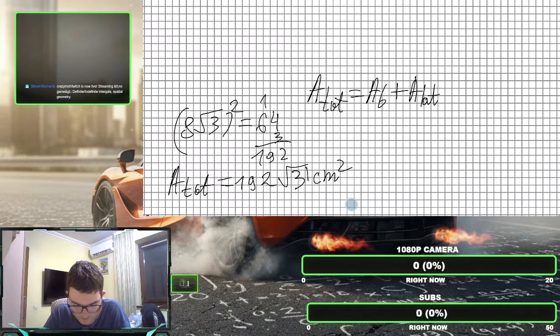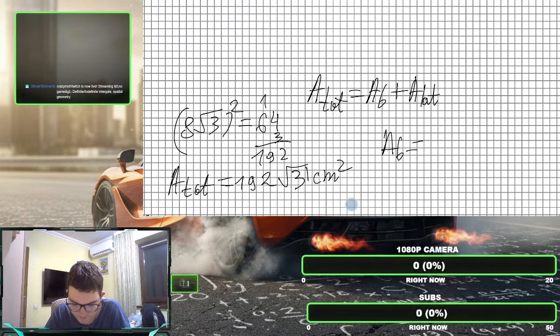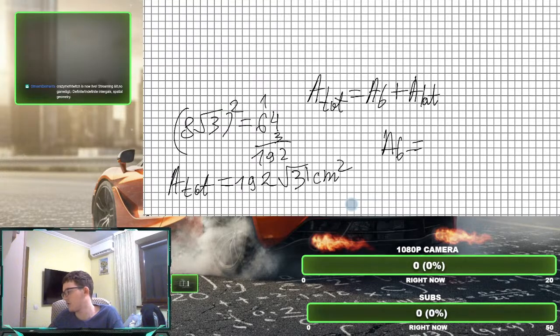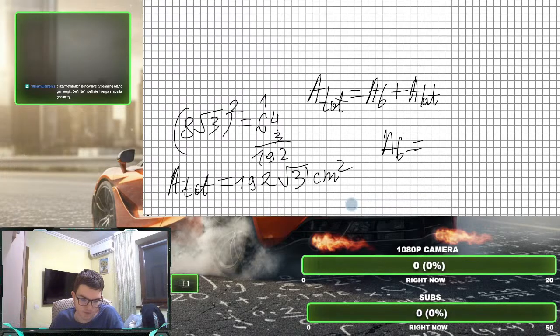So area of a base formula. Well, I have it here. Seems about right. Should I even change it? I guess let's change it in my formula sheet. Yeah.